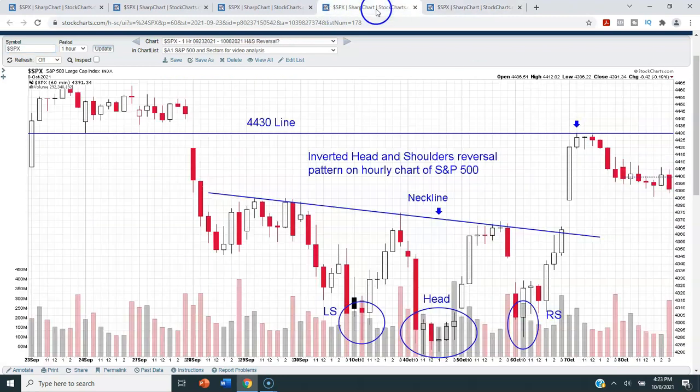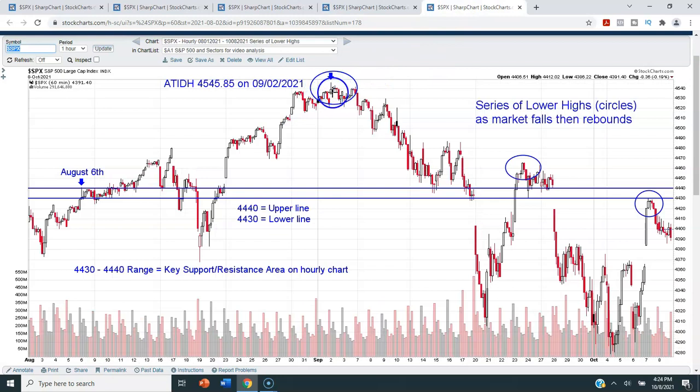So in the short term, we have this inverted head and shoulders reversal pattern, but we are also seeing a series of lower highs as the market is trying to bounce and is continuing to fail.